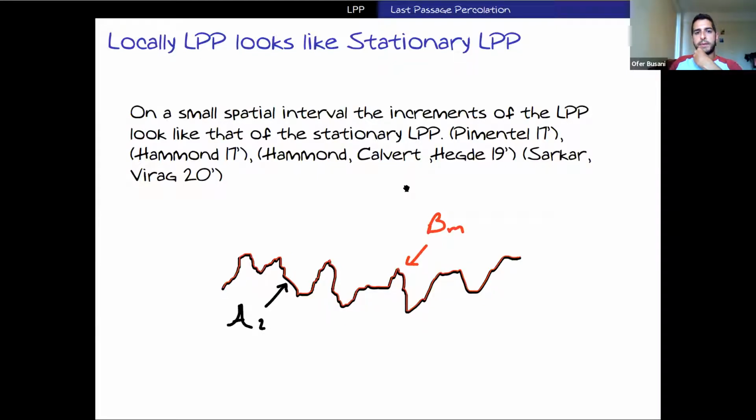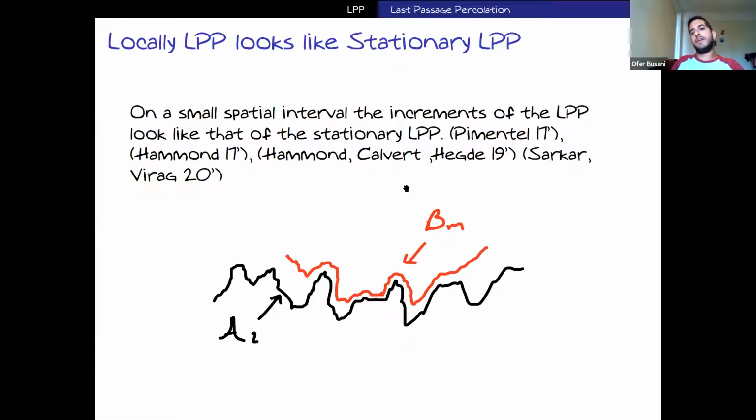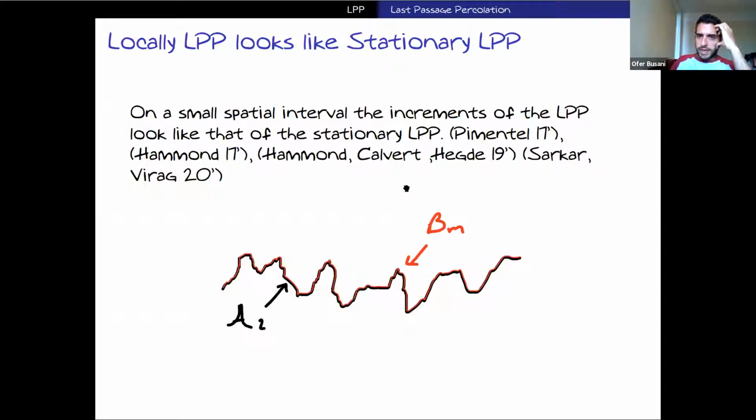This picture here would be something like the result of Pimentel: close around the origin, the Airy2 process behaves like a Brownian motion. And this would be more like the other results of Hammond and others, where the path itself is Brownian.